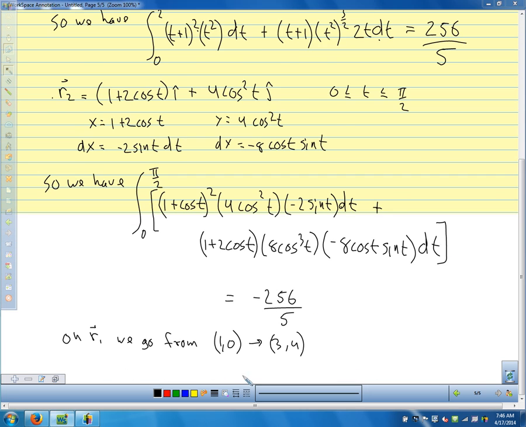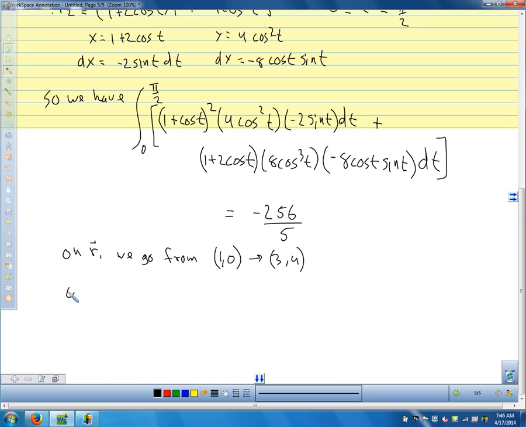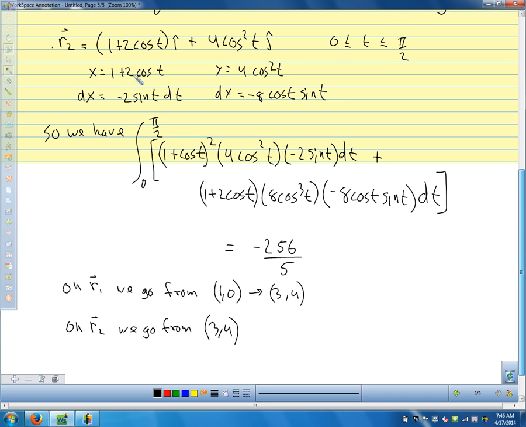And on R2, we go from 3, 4. If I substitute t equals 0 into my parameters, I go from 3, 4 to 1, 0.